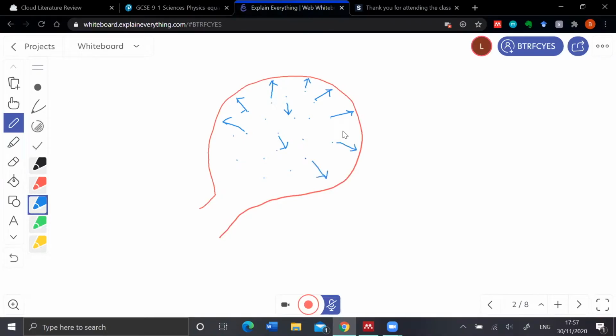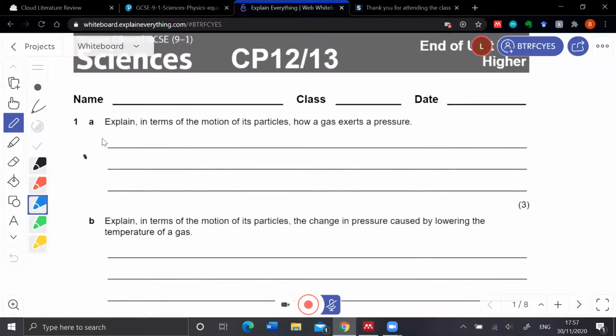So let's go back to that slide. How a gas exerts a pressure, and there are 3 marks for this one. Gas particles collide with the walls of their container, because it's not necessarily a balloon, it could be an aerosol can or something.